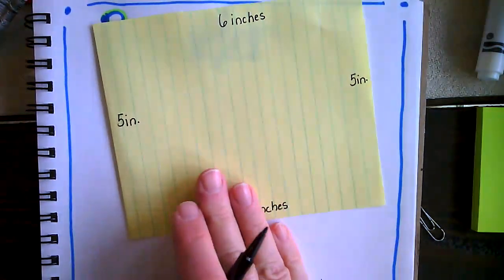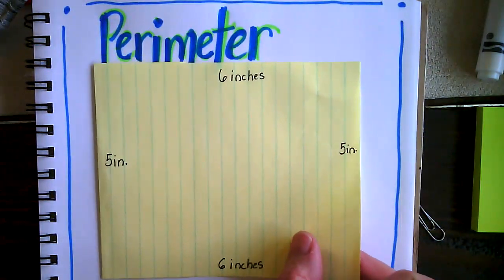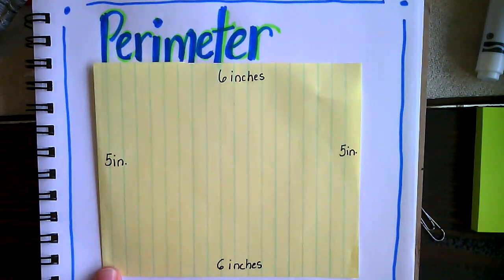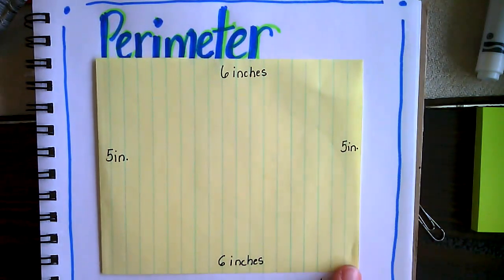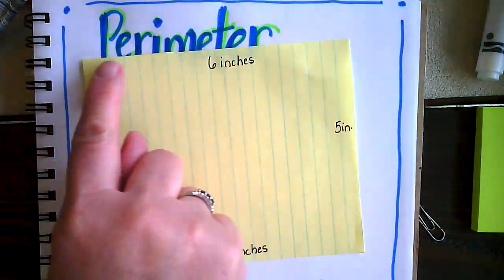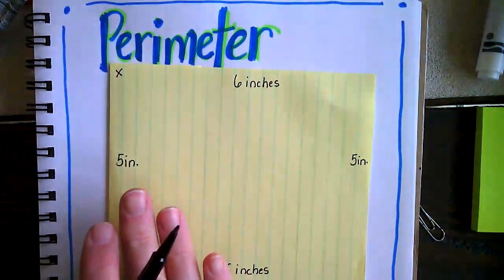Okay, so looking at this paper, and the path that the ant took, the ant walked 5 inches this way, 6 inches that way, 5 inches again, and 6 inches back to get to where he started.